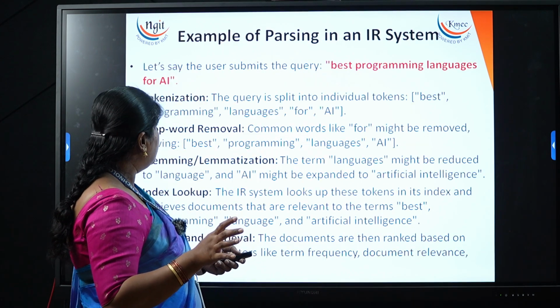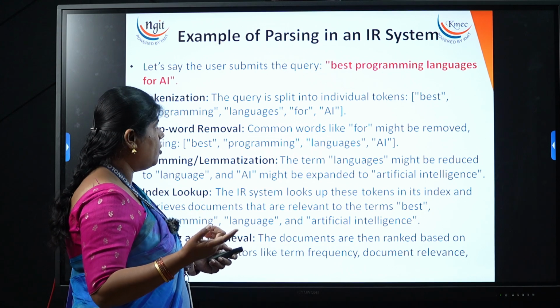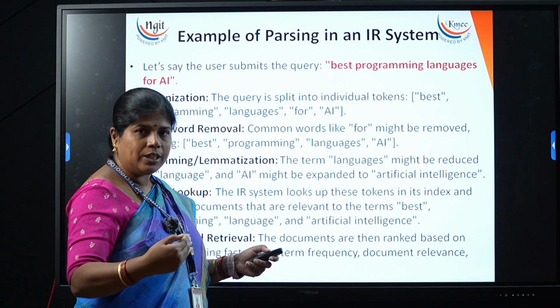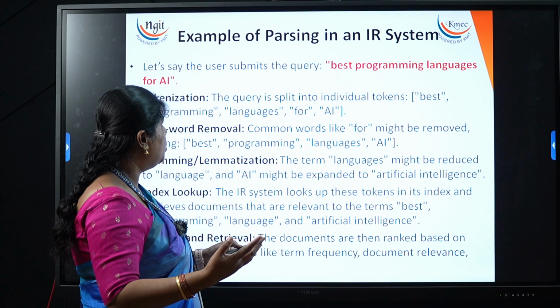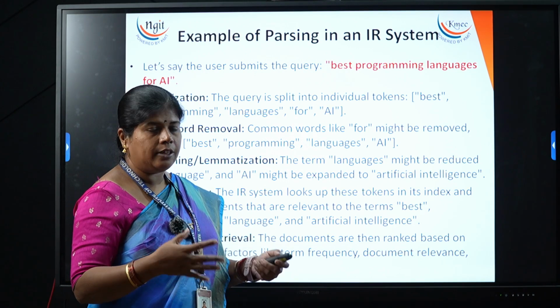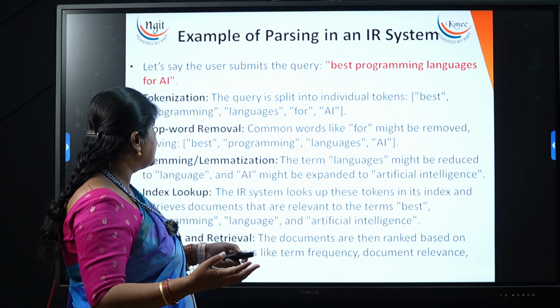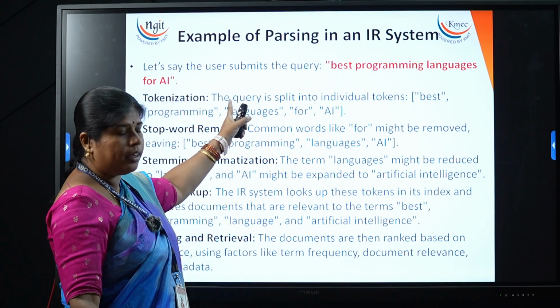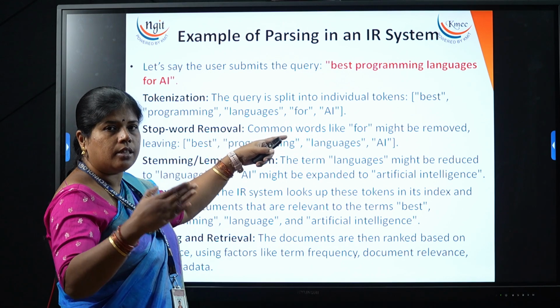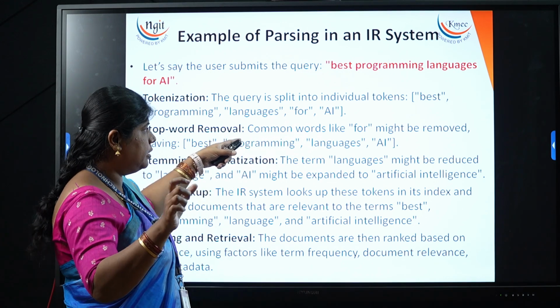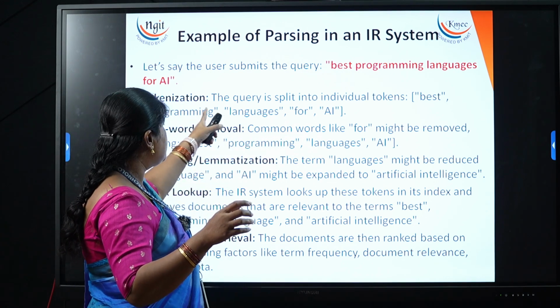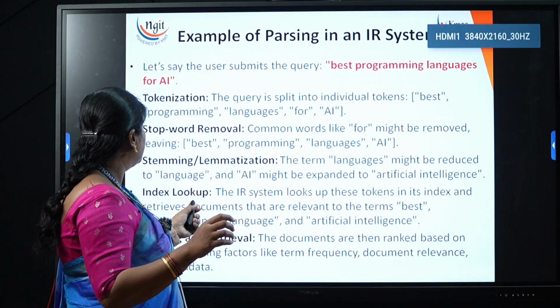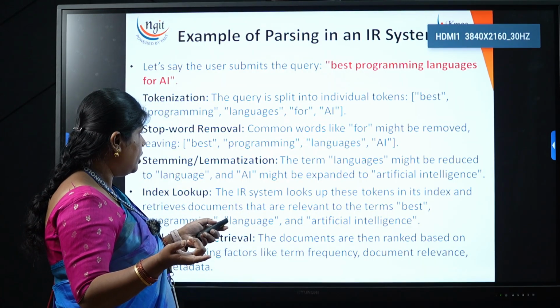Now what is an example of parsing? By applying all these steps, how do I use the parsing technique for information retrieval? Let us say the user has submitted the query "best programming languages for AI". After tokenization I will get single words. Then I have to remove stop words.